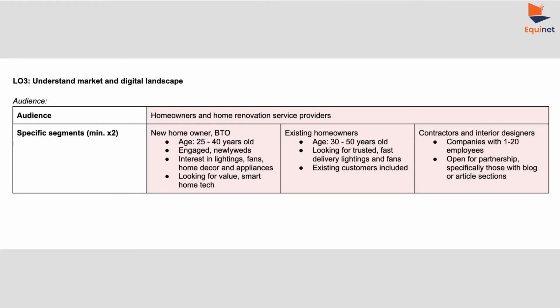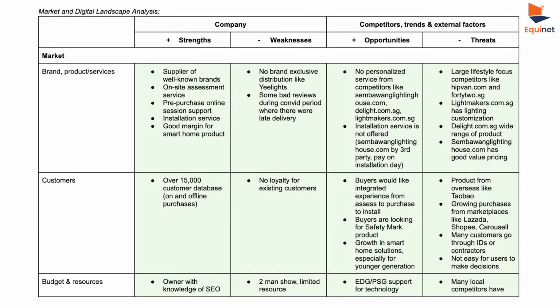In the audience section, you can input the audience segmentation that we determined from the previous lesson. This is who exactly you are targeting your brand to. In the market section, there are 4 factors that you need to evaluate: brand and products or services, customers, budget and resources, and others.